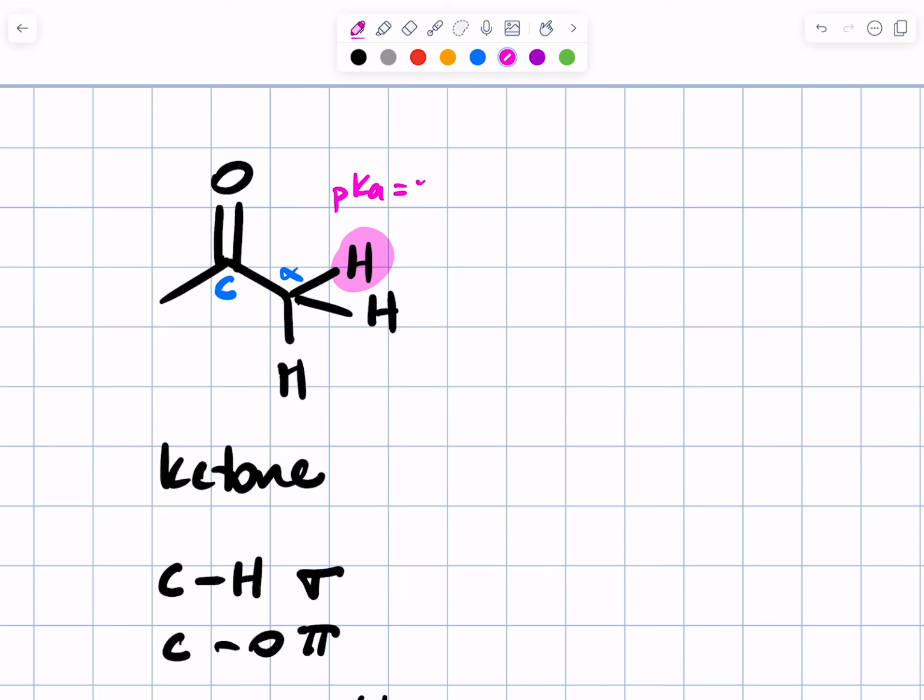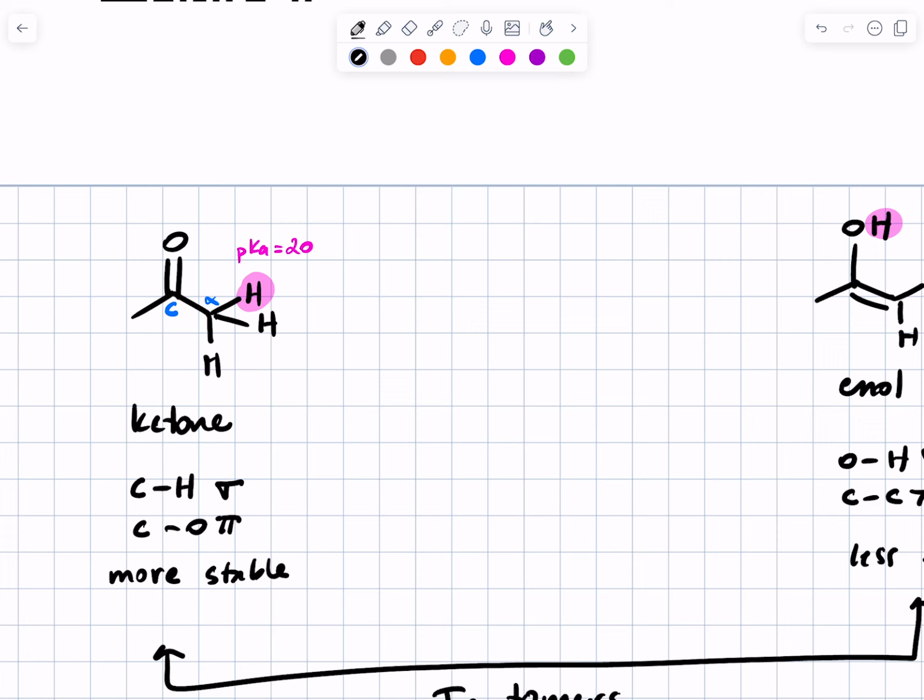The pKa of that proton is around 20. Now, normally, if you remember, and you can go look it up on your pKa table, a carbon-hydrogen bond on an sp3 carbon has a pKa of around 50. So this is 30 orders of magnitude, 10 to the 30 times more acidic than a typical sp3 carbon-hydrogen bond.